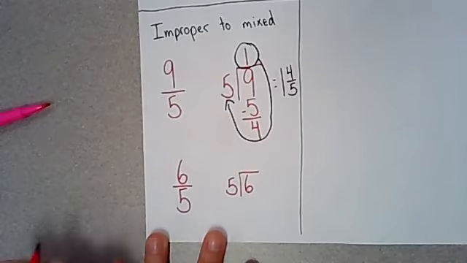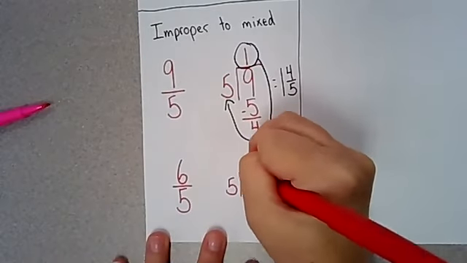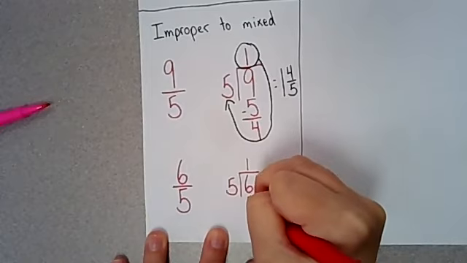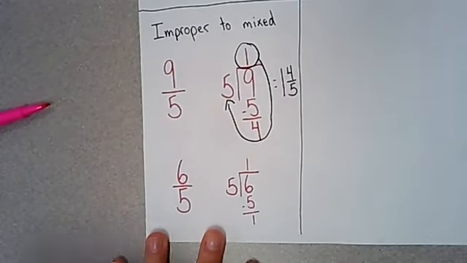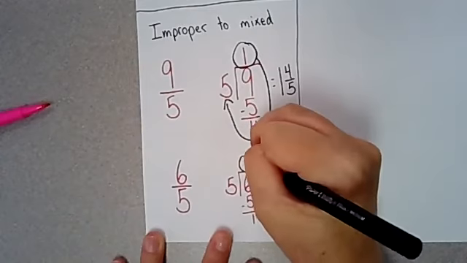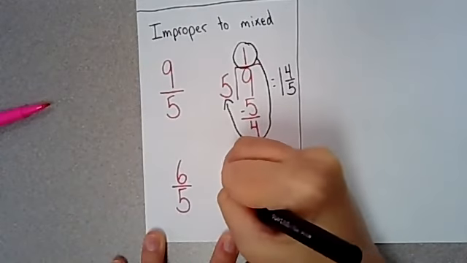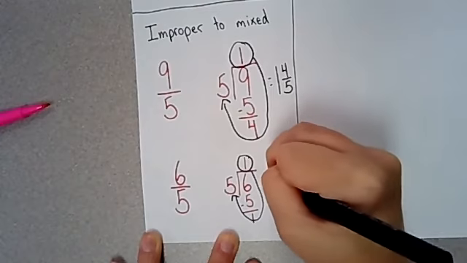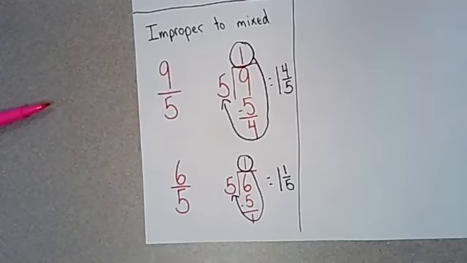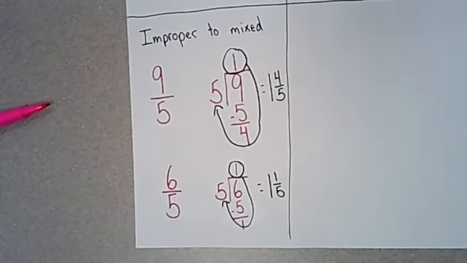How many 5s are there in 6? There are 1. 1 times 5 is 5. Subtract, you get 1 left over. And then as I said before, start at the top, go around the clock. So that is 1 1/5. Okay? And that is how you turn an improper fraction into a mixed number.